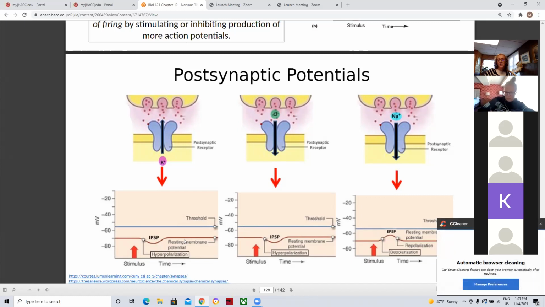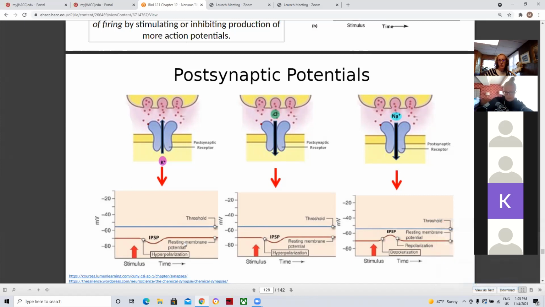So if potassium leaves the cell, it is going to become more negative, meaning this is going to be an inhibitory postsynaptic potential. If chlorine starts entering the cell, which is negatively charged, the inside of the cell is going to become more negative, meaning further away from threshold.